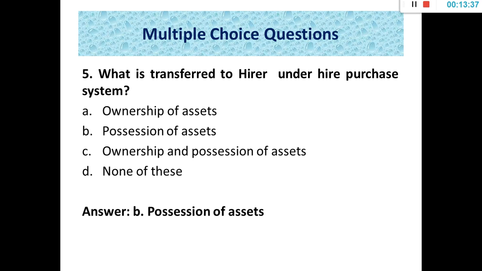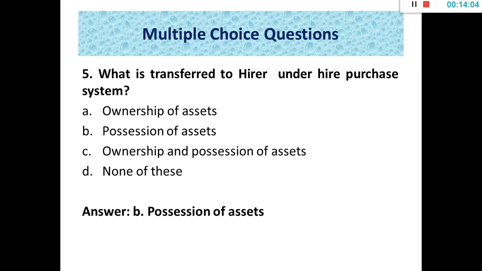In order to match this answer, the question should be extended in such a way that what is transferred to the hirer under the hire purchase system on making the down payment, then the answer would fit, because even ownership is also transferred to the hirer under hire purchase system on the payment of the last installment.